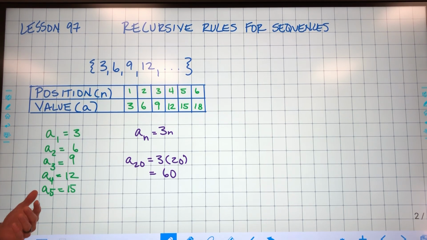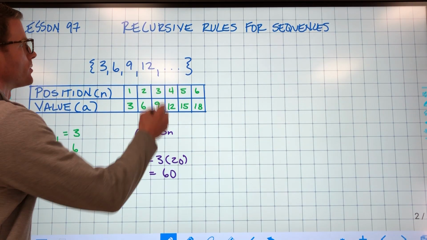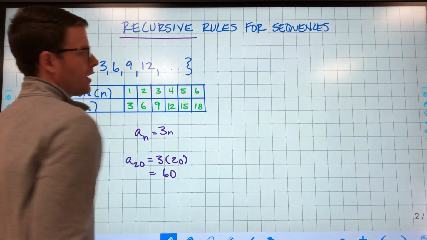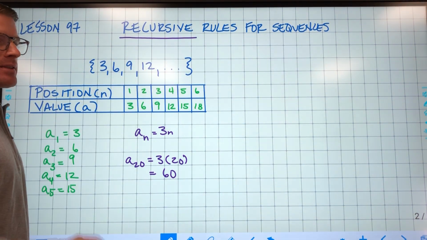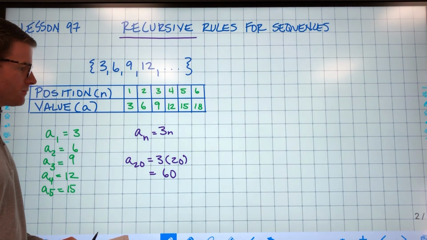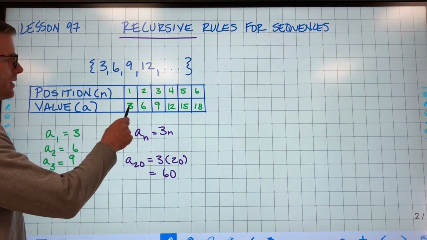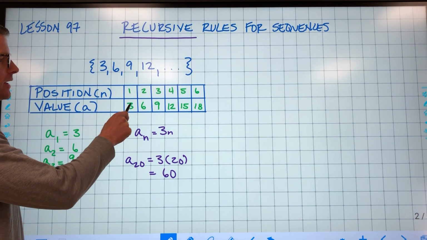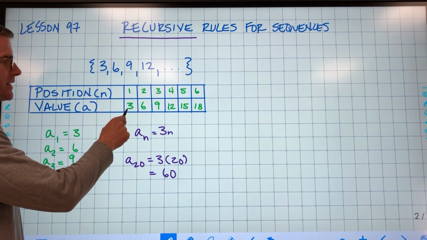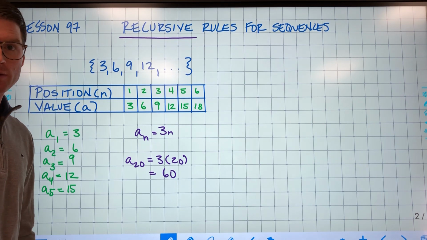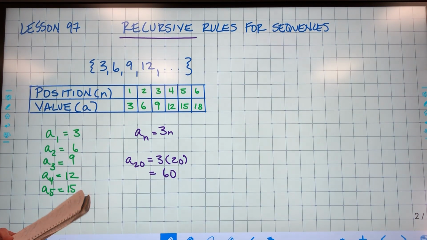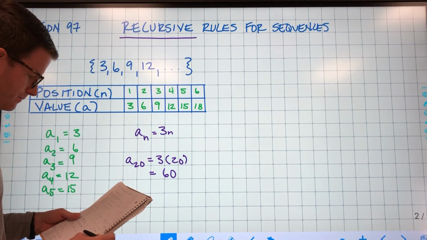And all that means is we are going to use the value of the previous term. So what do I do to the previous term to get the next term? And so to find the value of the next term, I take the previous term and I add 3 to it, okay? So here's how that looks.